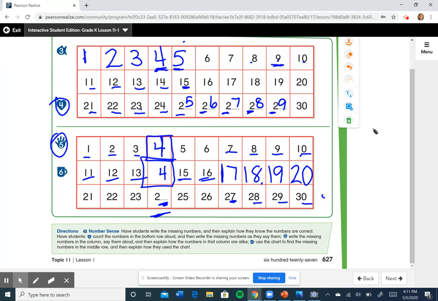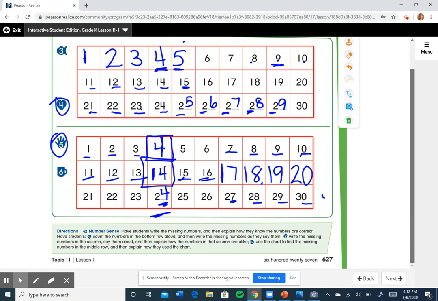But what does each one of these have in the front? The tens place is a 1. So 14. So if I know these two are 4s, that must mean that this one is a 4 because they're in the same column or the same up and down row. So my missing number there is 4, so we have 24.